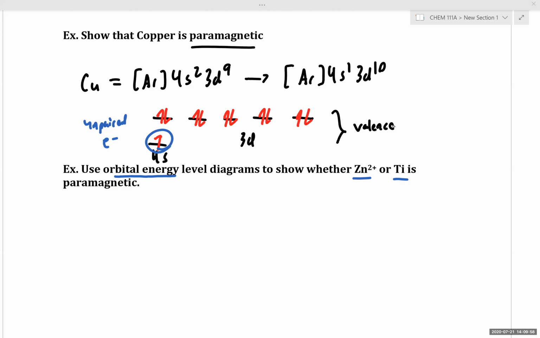Don't be shy to submit your responses in the chat. Only one of these species is paramagnetic, just as a hint.